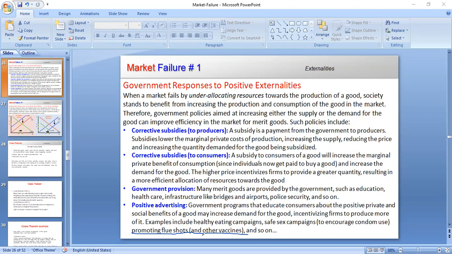So of course the government knows that if it's investing in subsidizing these vaccines, it's going to reduce the spread of the virus, and then of course people will be productive and work and contribute to government revenue. So there it means that the marginal social benefit will be greater than the marginal private benefit, right? So the government can also encourage people, for example, to go for vaccines, to get vaccinated.